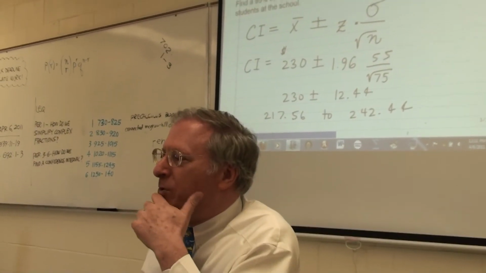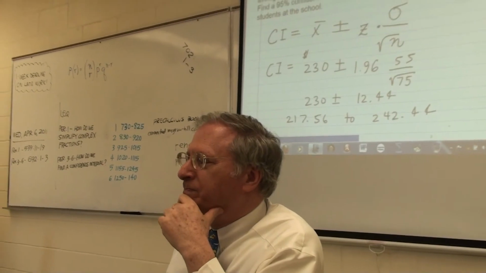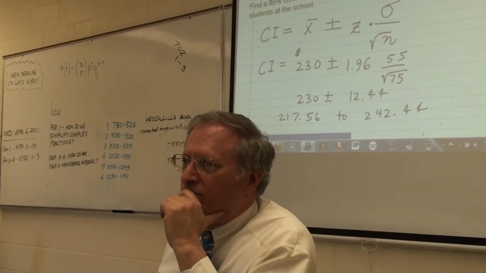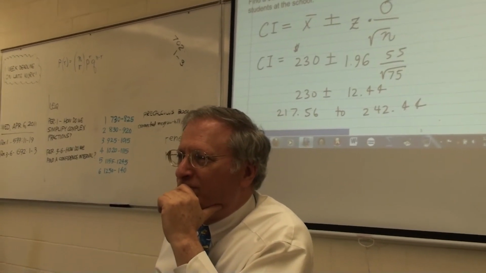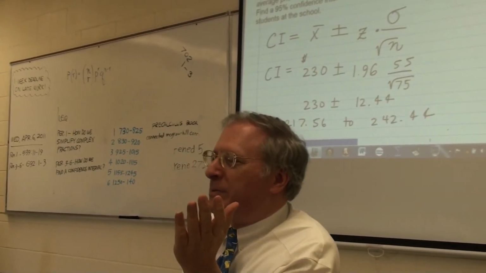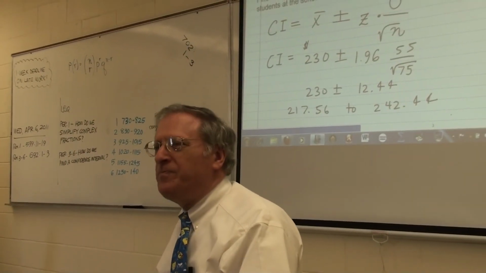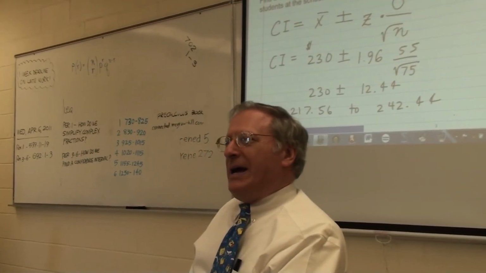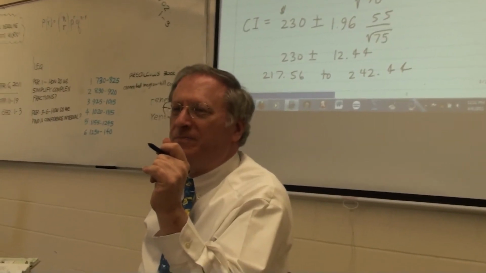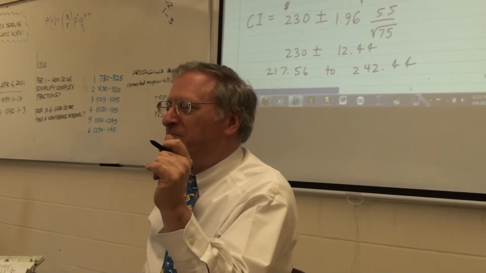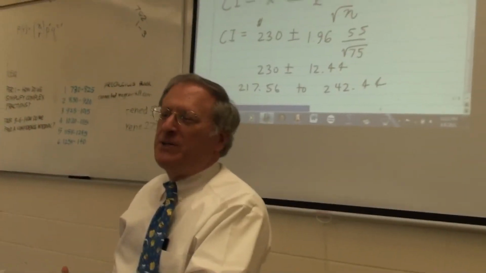Do we know what's wrong with that sentence? Doesn't it sound like it's probably true? Yeah, that does. But why is it not true? Here's what's wrong with that sentence.